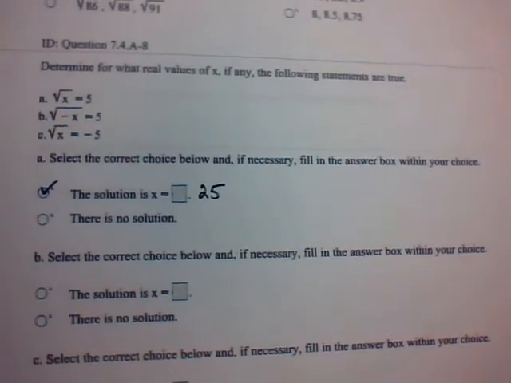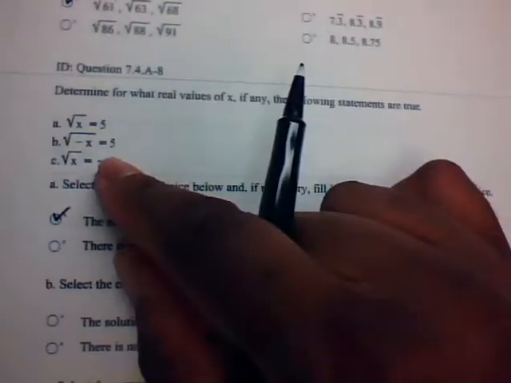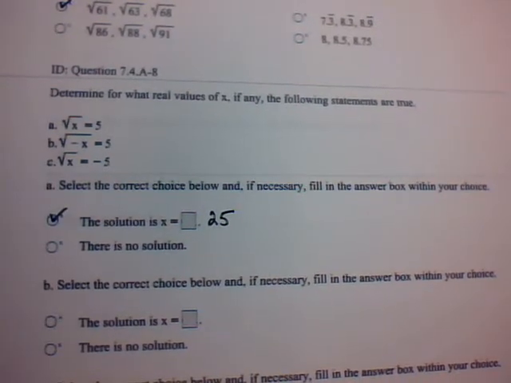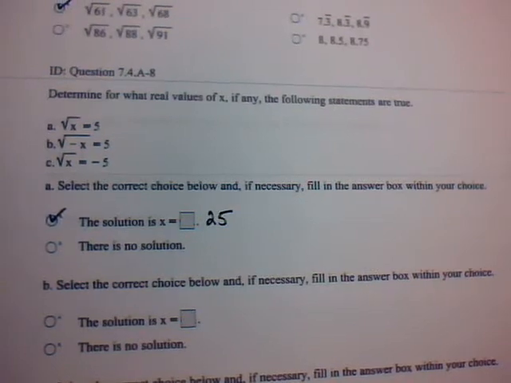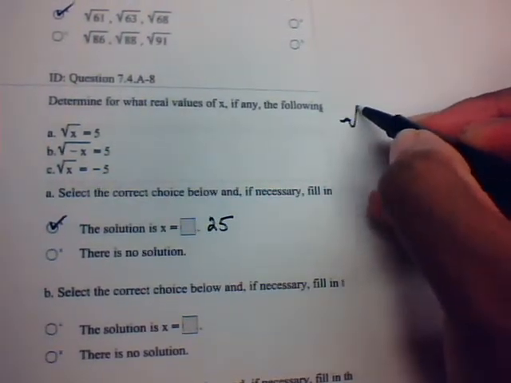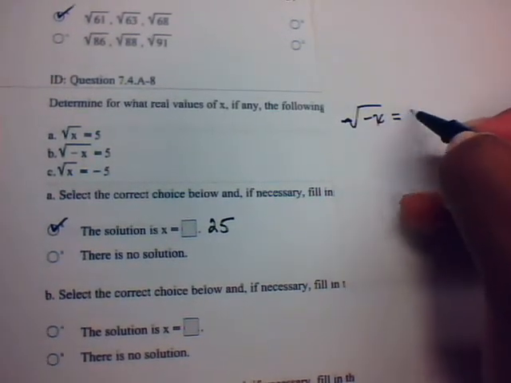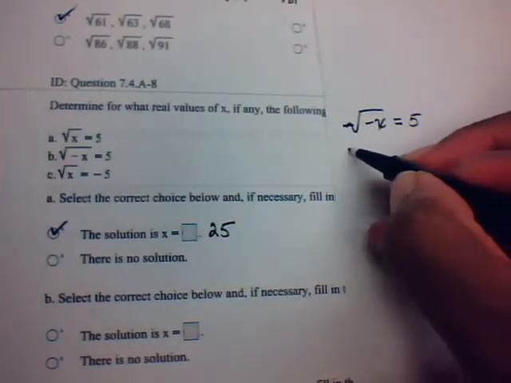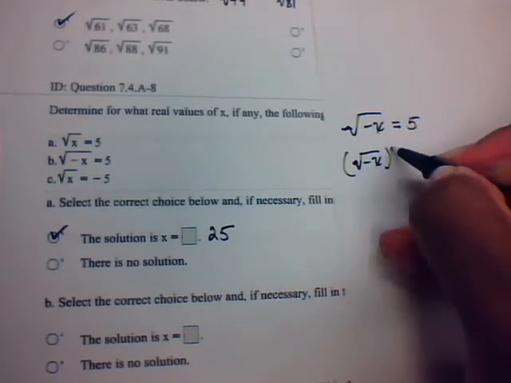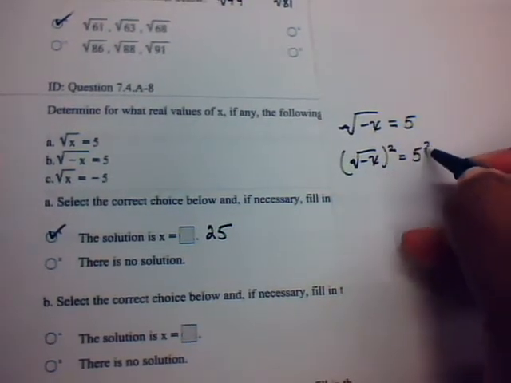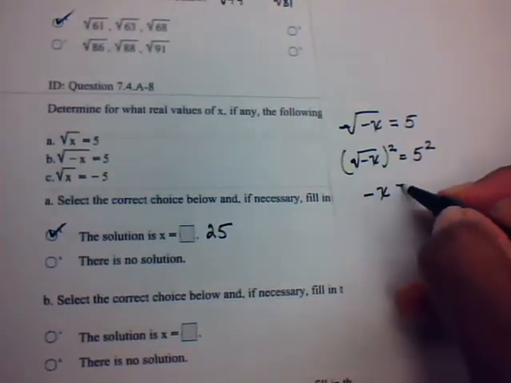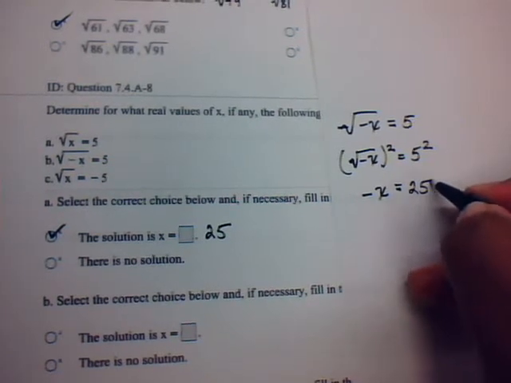All right, part B, the square root of negative x equals 5. Okay, now in this case here, if you take the square on both sides to eliminate the radical, you'll have negative x, because that eliminates the radical, equals positive 25.